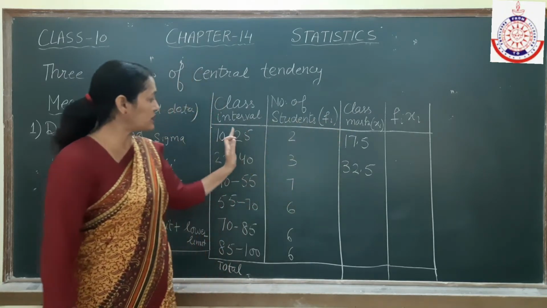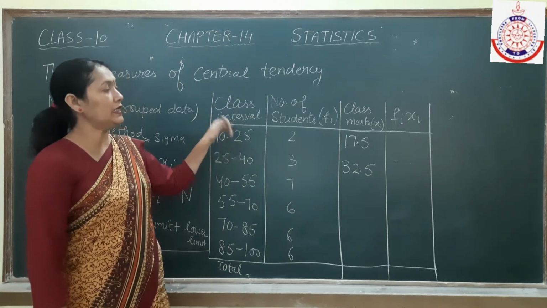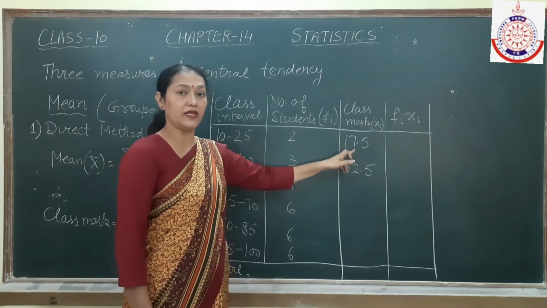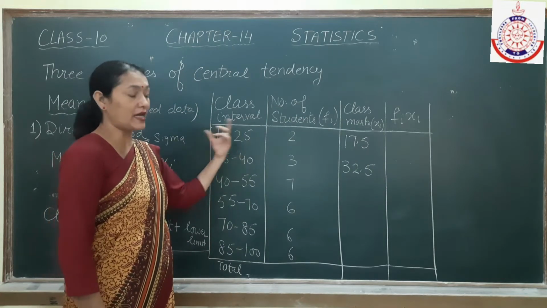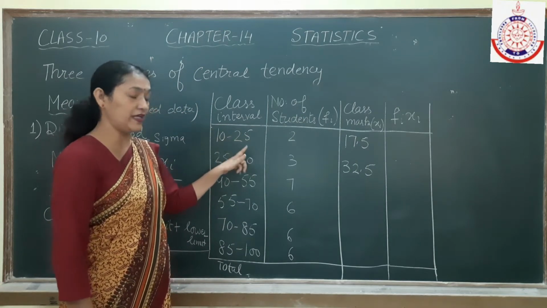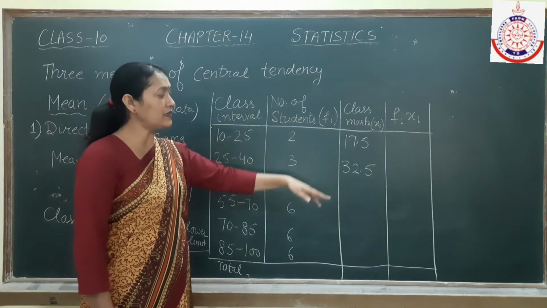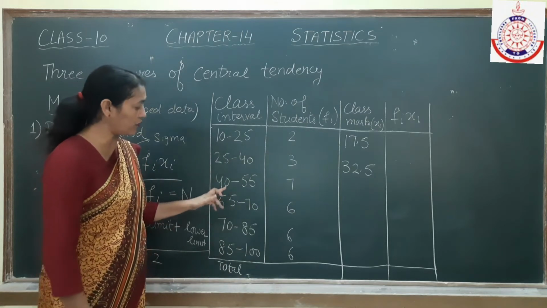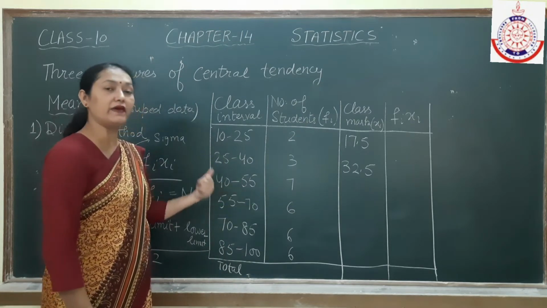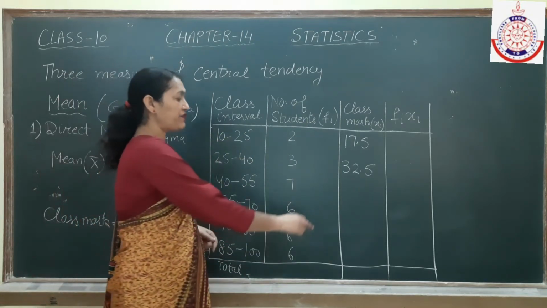So for first class interval, calculate class mark. Then if you just keep on adding the gap, what is size of this interval? 15. So if you add that number, you will get your corresponding class marks. Or you can get from here also 40 plus 55 divided by 2. Or simply adding 15 to it.